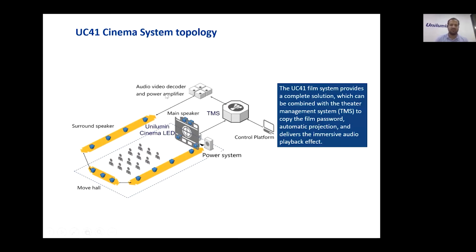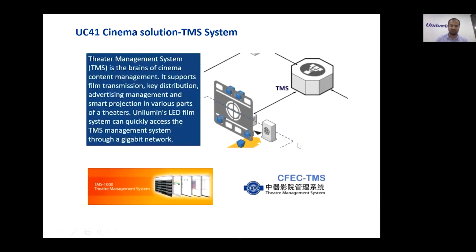Then we have the audio video decoder, the amplifier player, and the speakers all around the cinema to give the viewer a better listening experience. As you can see here, the film system provides a complete solution which can be combined with the theater management system to copy the film password, automatic projection, and deliver an immersive audio playback effect.